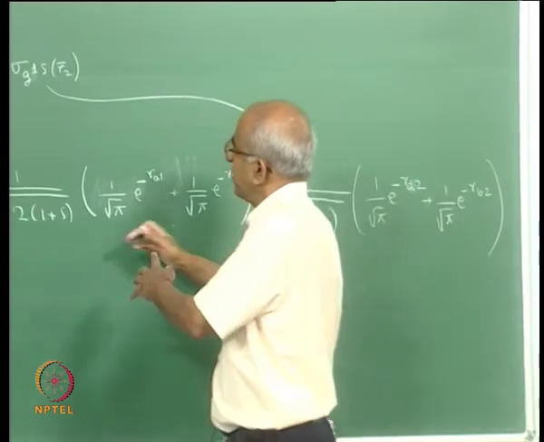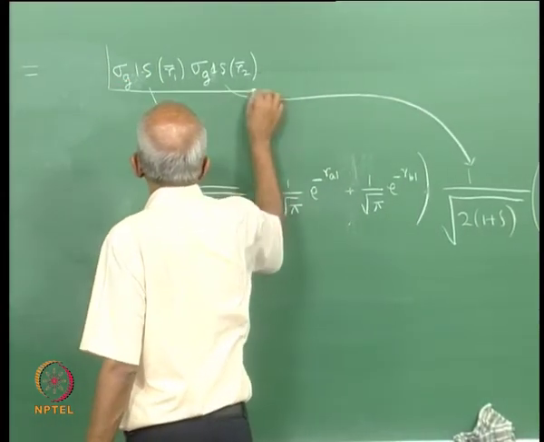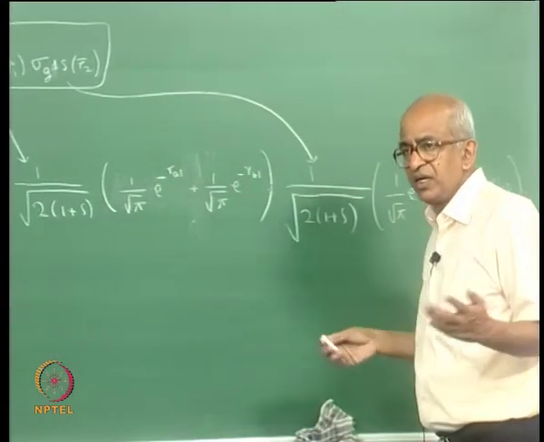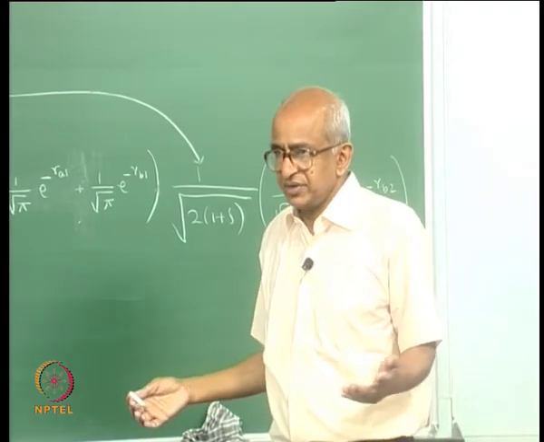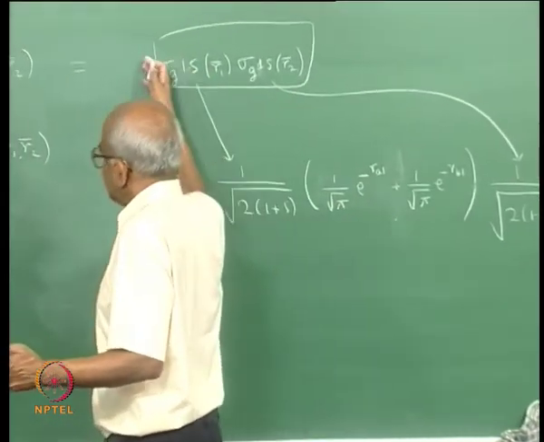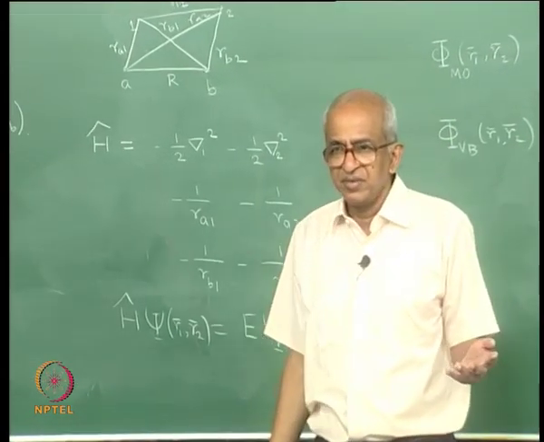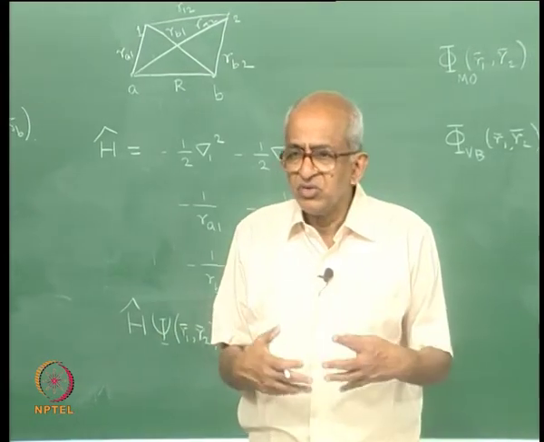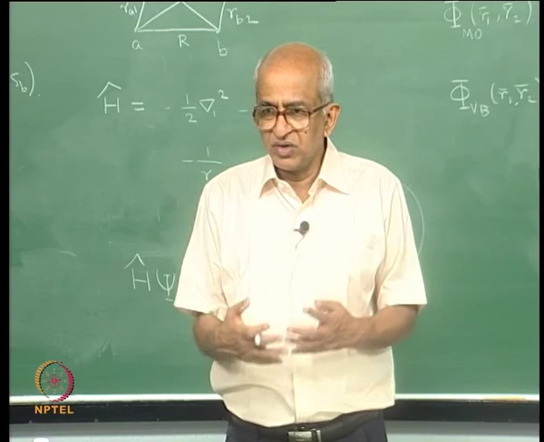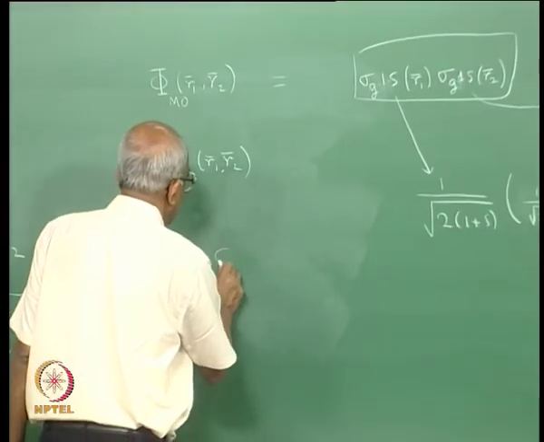So, the actual function which I mean when I write such a thing is this function. This is my approximate wave function. This is actually valid provided electron repulsion is not there, but I can use it as a trial function in my calculation. So, I take this trial function, and what will I do? I will calculate script E.